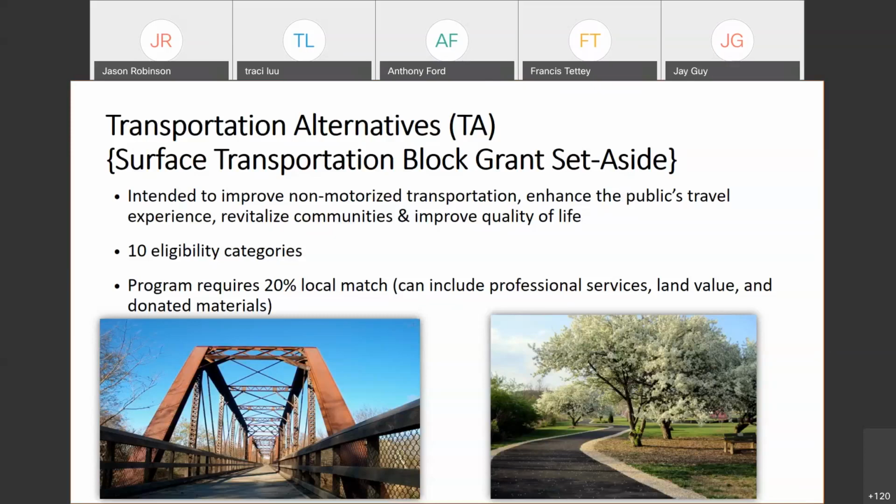One key takeaway from this slide is that this program does require a 20% local match. For now, that match can be made up of in-kind contributions, which can be professional services, land value, right-of-way, or donated materials. But I do want to be clear that these federal funds do require a 20% local match.